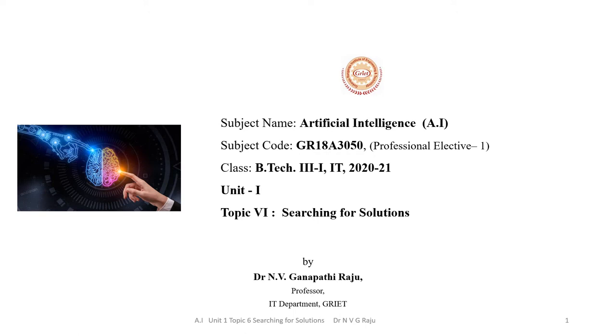The environment of the problem is represented by a state space. A path through state space from initial state to a goal state is known as a solution. Let us discuss how the searching for solutions will be done.